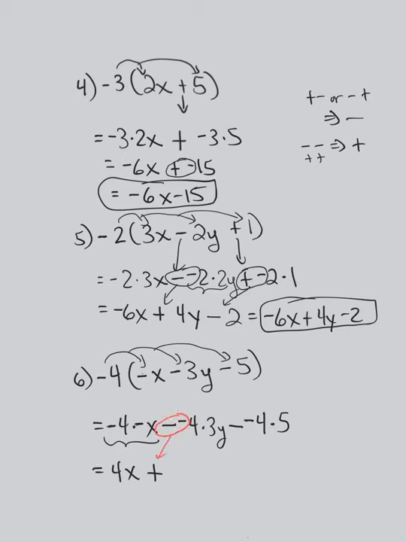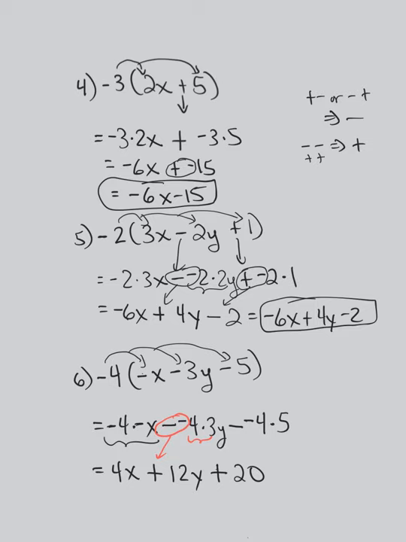That just became a plus. So what's left, I just do 4 times 3. So whenever I combine those two negatives into a plus, they go away. And so I'm just doing 4 times 3, not -4 times 3. So then I get 12y. Same thing with that last term. I have a minus, so that makes a plus. And then I just do 4 times 5, which is 20.